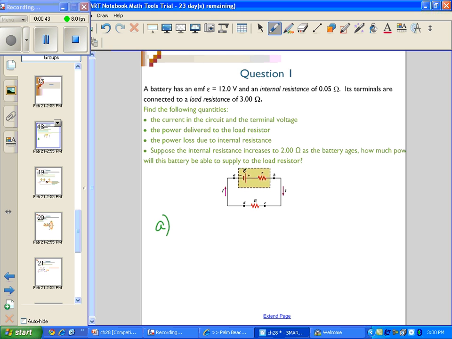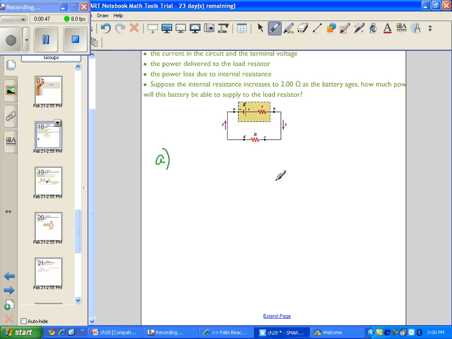Let's raise this up just a little bit, extend the page so we have a little more space to write. To get the current in the circuit, we use Ohm's law. I equals delta V over R, except that we don't know what delta V is equal to.